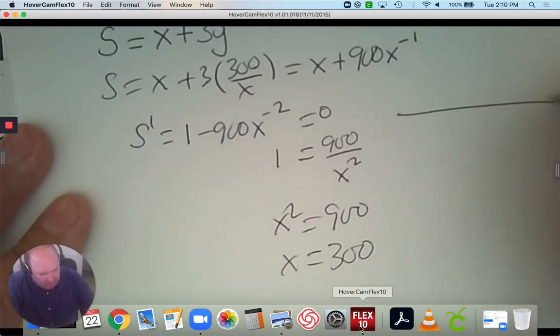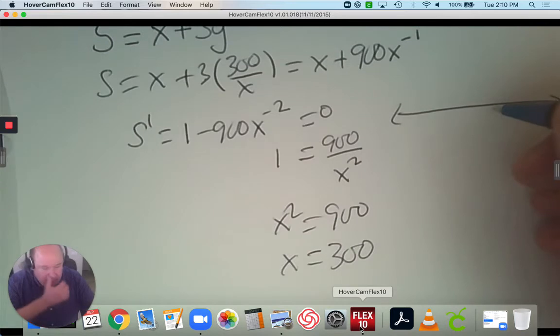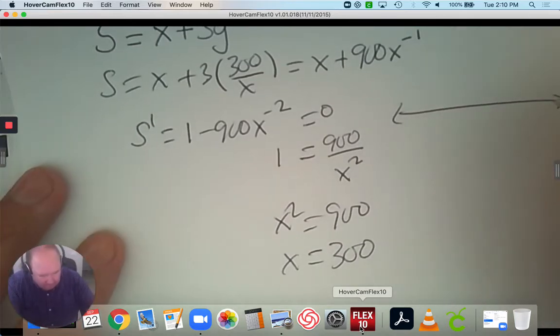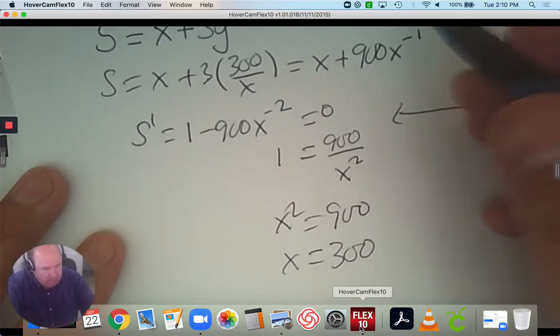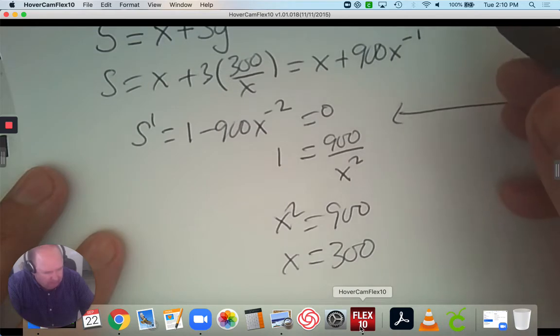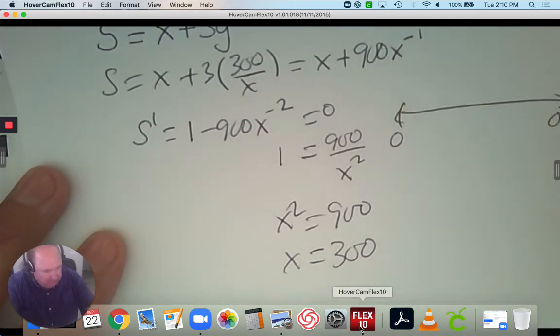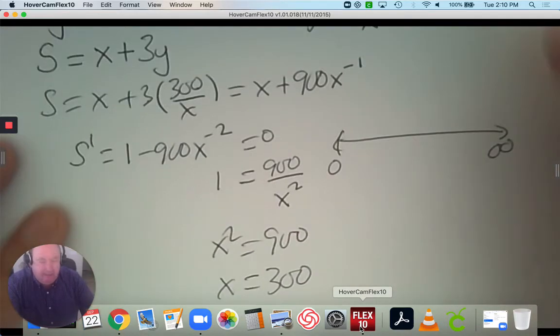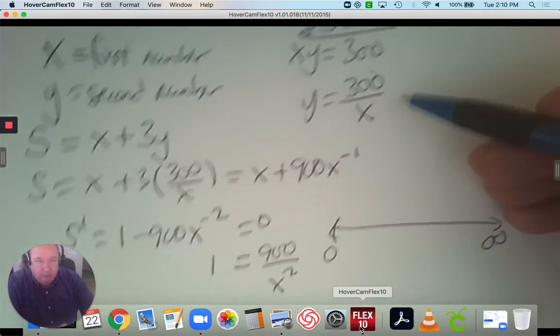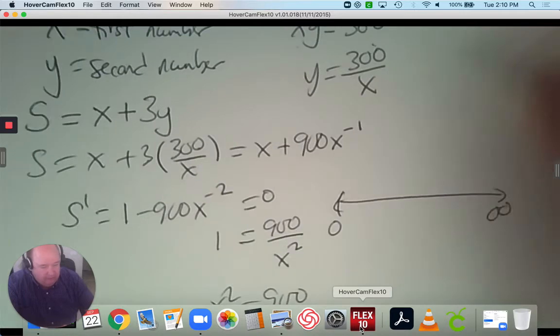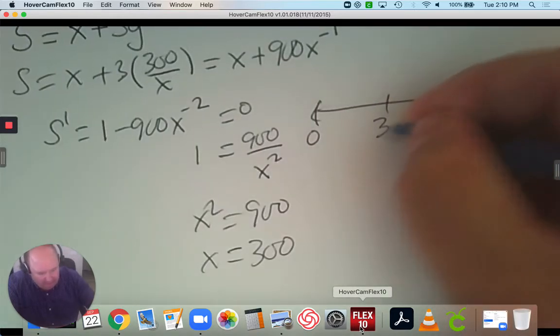So I'm going to test it out and see if it's a minimum. Now, for it to be positive, it just goes from 0 to infinity. So we don't have any adding or subtracting that would create a restriction here. So it just has to be from 0 to infinity, and I have the critical number.